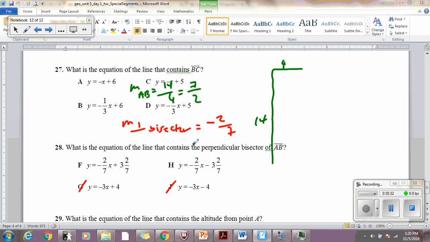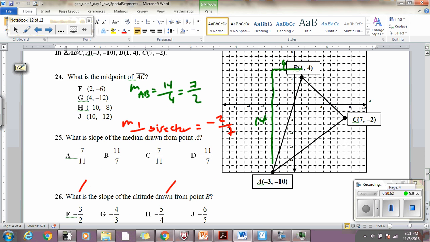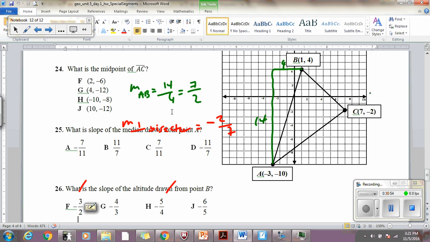Now, to be a perpendicular bisector of AB, it would have to go through the midpoint of AB. So we also need to find the midpoint of AB. Let's go back to the picture. And we want to use those coordinates to find our y-intercept value.